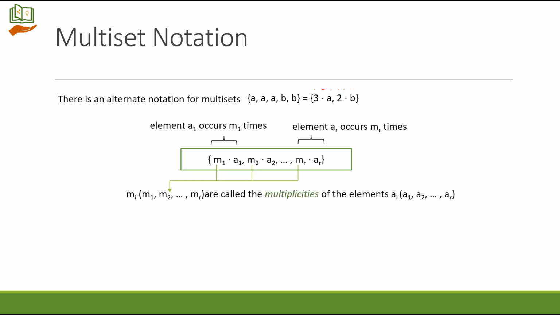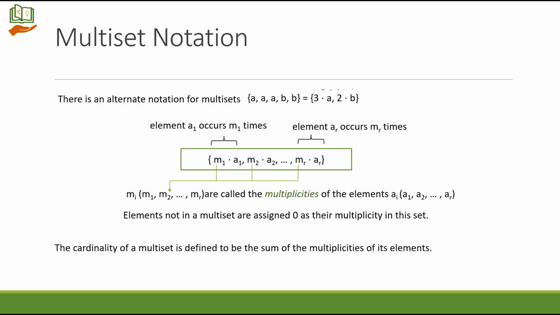Mi, expanded as M1, M2 up to MR, are called the multiplicities of the elements. In general, we can represent the elements as Ai, but in this format we have element A1, A2 and AR. Elements not in a multiset are assigned 0 as their multiplicity.